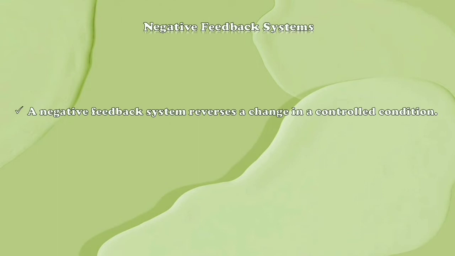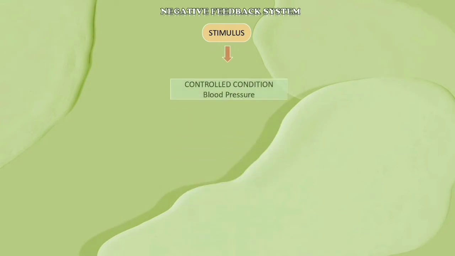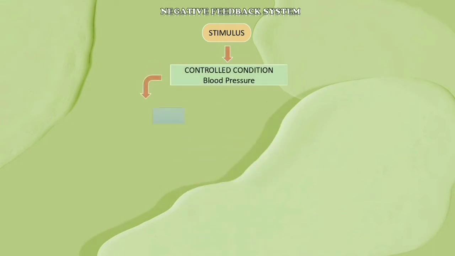The best example of it is the body's blood pressure. Let's see how it works within our body parts and organs. Negative feedback system within the body's blood pressure. If some internal or external stimulus causes blood pressure, the controlled condition, to rise, the following sequence of events occurs. Baroreceptors serve as the receptors. Pressure-sensitive nerve cells located in the walls of certain blood vessels detect the higher pressure.